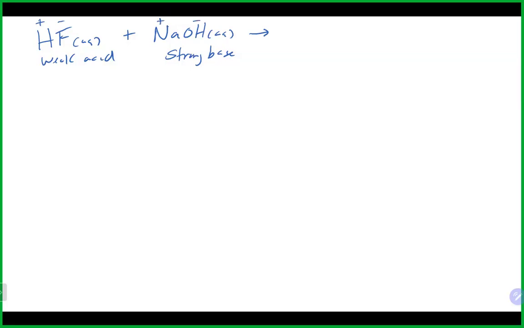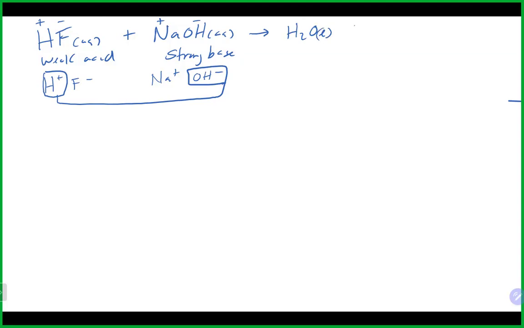So once again, I know I'm going to get a double displacement reaction. Very similar to what we talked about previously, you are going to get your water from the acid and the base, switching partners. That again is going to get us our water.